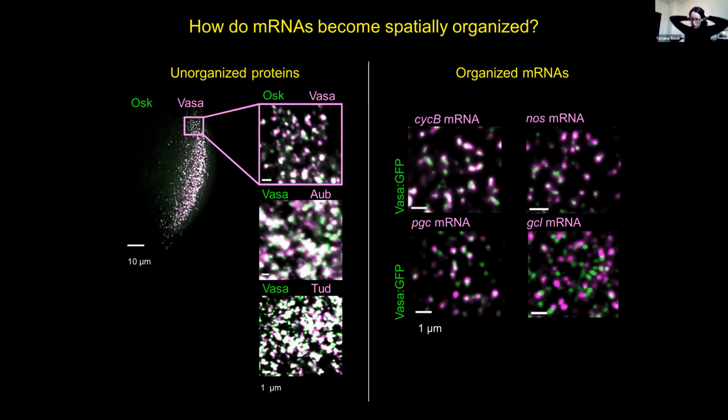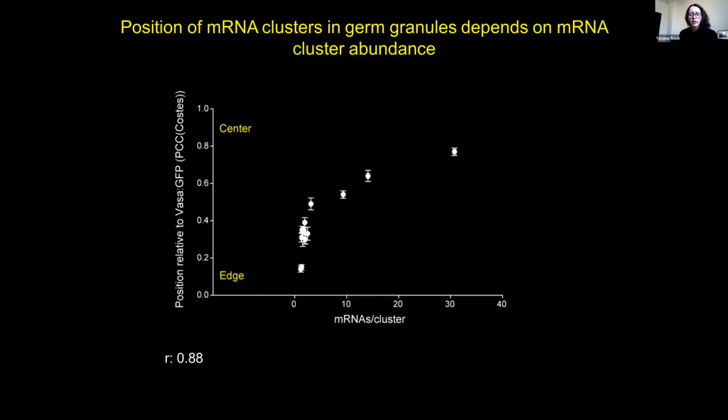This is work that hasn't been published, but it's now in review and in the final process of revision, and will soon be published. Very early on, we noted that mRNAs that can form abundant mRNA clusters, meaning they have many mRNAs per cluster, will reside in the center of the granule, as shown by this curve here.